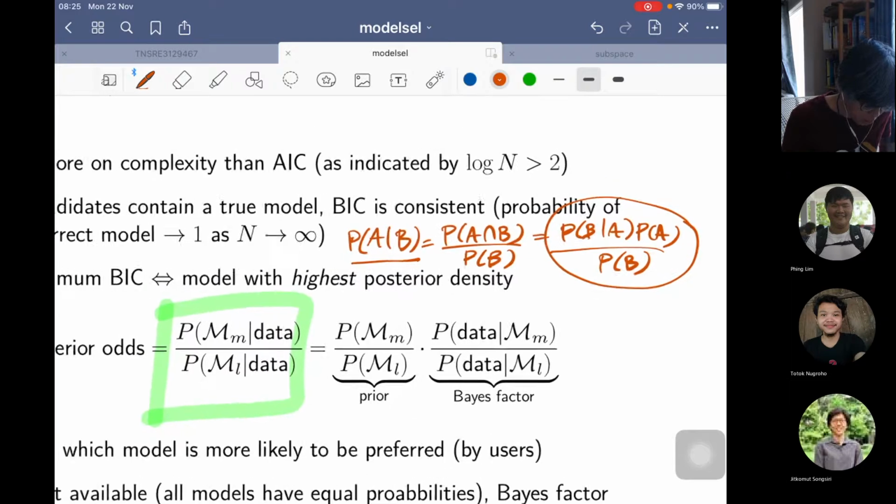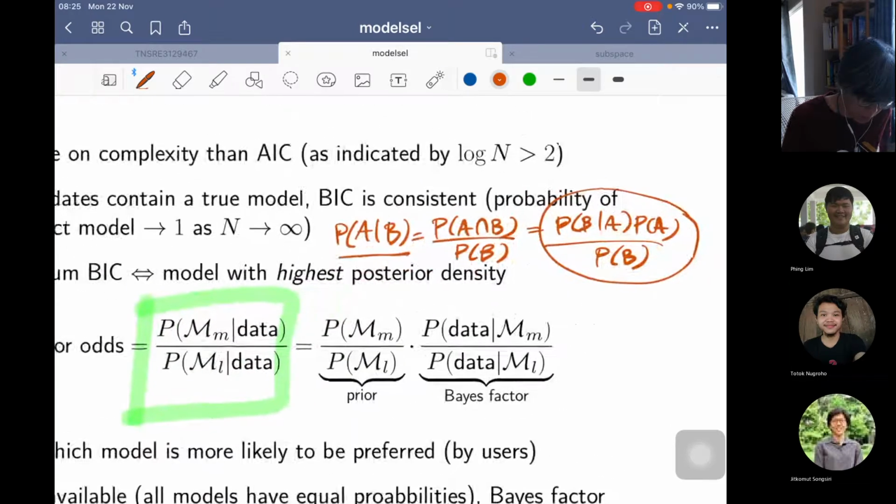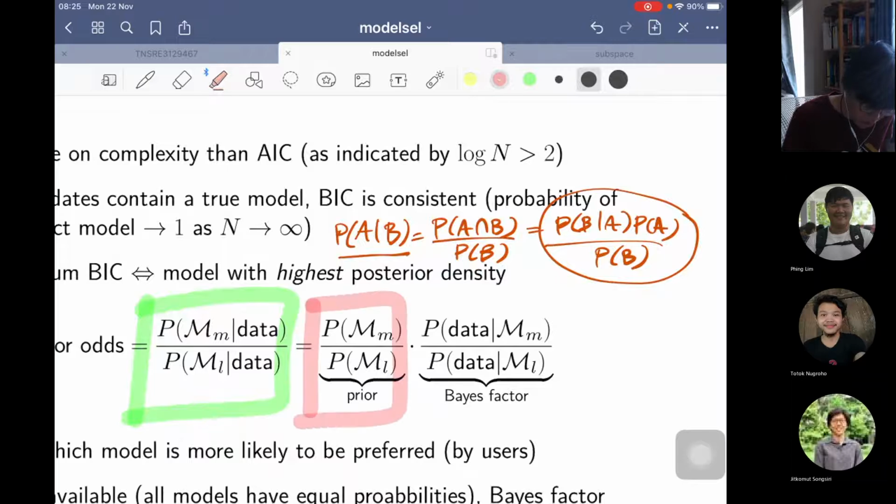So after you apply this Bayes rule, the posterior odds can be written as the product of two terms. The term in the pink box is called the prior density, because this is the ratio of the probability of model M to model L.